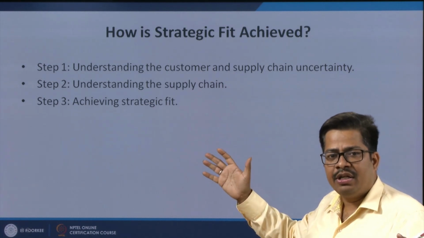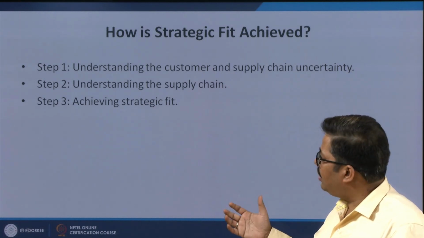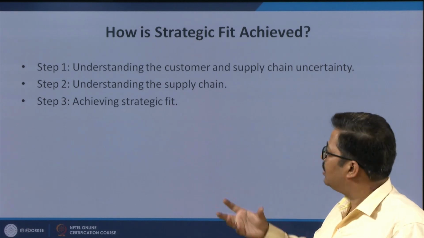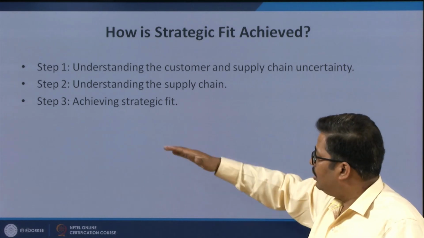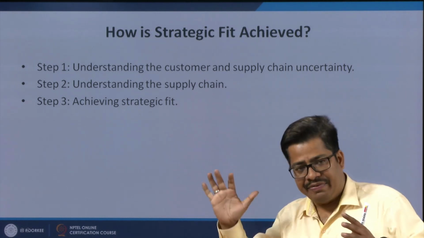Whatever uncertainties you resolve, you should try to fulfill with the help of your supply chain capability. If you can do that, it means you have achieved the strategic fit.